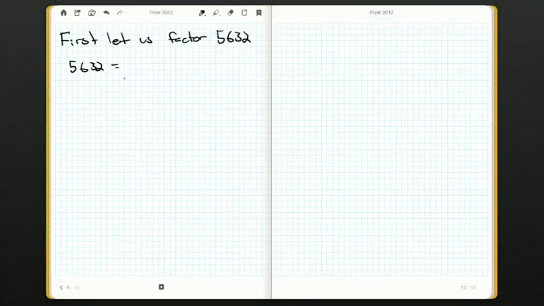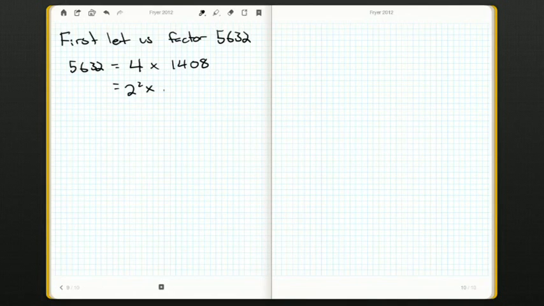Well, I know it's going to have a 2. As a matter of fact, I know it's going to have a 4, at the very least. Yeah, it's definitely going to have a 4, so we're going to write 4 times 1408. Actually, I guess we could have had an 8 here. That's 2 squared, so 2 to the 2.